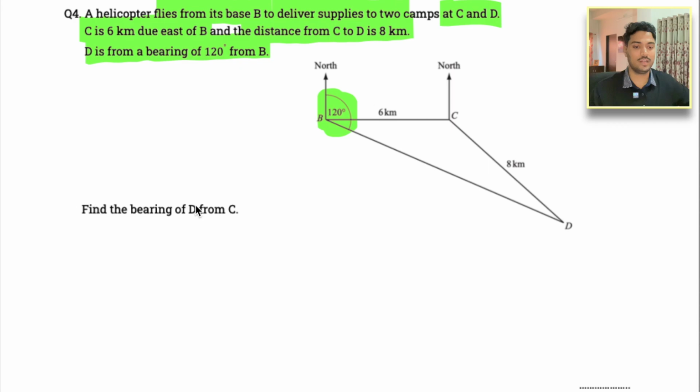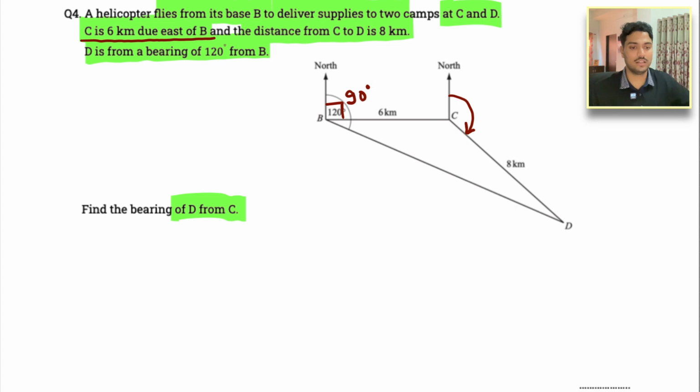It says find the bearing of D from C. That means we have to find this angle. In the question, it was clearly mentioned that C is 6 km due east of B. That makes this angle 90 degrees.